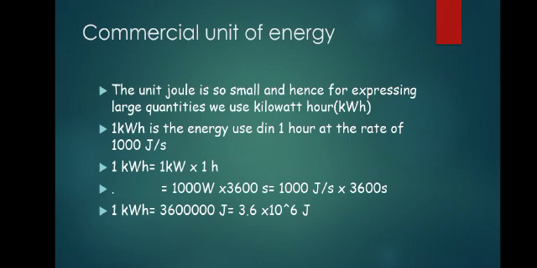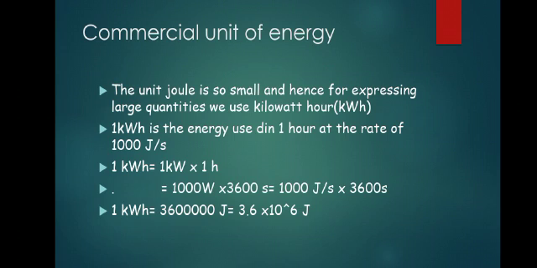So most of the time we express the unit of energy as kilowatt hour. The unit joule is so small, and hence for expressing larger quantities we use kilowatt hour. Now what is 1 kilowatt hour? When you are using 1 unit of energy, how many joules of energy are you using?